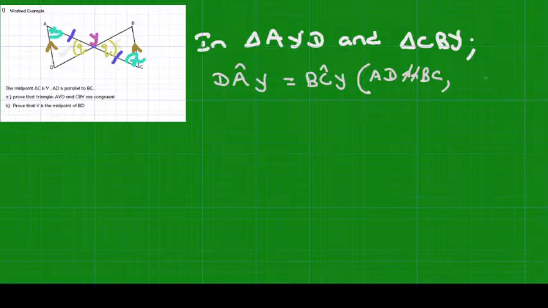So you can write the words AD parallel BC and you can say DAY and BCY are alternate angles.